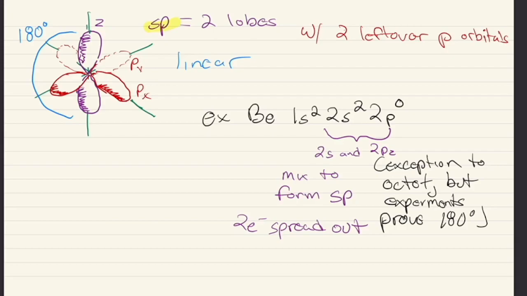So another exception to the octet rule, and also an exception to the metallic bonding rule that we've learned, but this is good for the purposes of this particular example. Beryllium can actually form semi-covalent bonds, or bonds that we would describe as covalent.